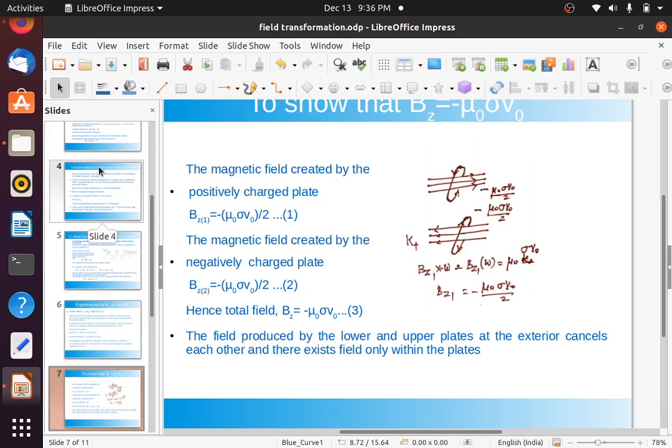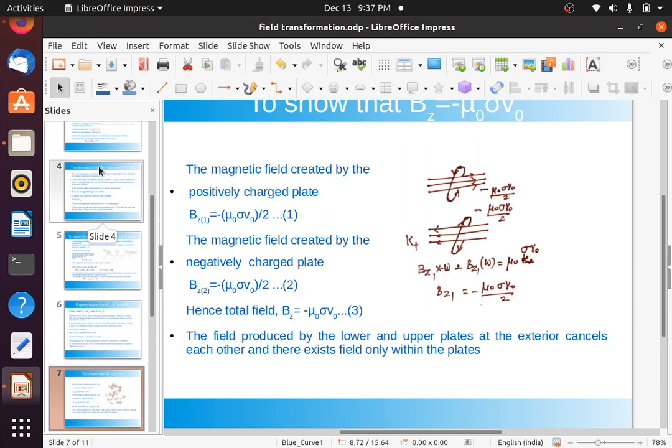How is it possible to ascertain this result? Consider the case of K plus, the positive charge, which is the lower plate. The direction of the current is shown by arrows. The current is directed to the left. You can find the magnetic field by applying the right hand clasp rule.